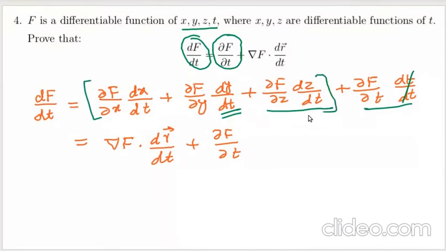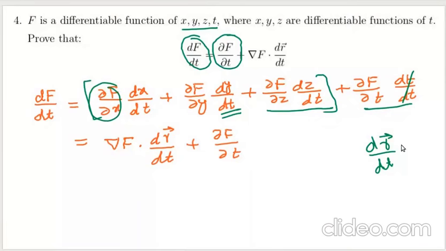If you visualize these three terms, you will see that the del f by del x, del f by del y and del f by del z are actually coming from the gradient of f. So these three terms can be considered as gradient of f, and del x by del t, del y by del t and del z by del t will come if you take the derivative of this r vector. So actually this is a dot product of gradient of f and the derivative of r with respect to t.